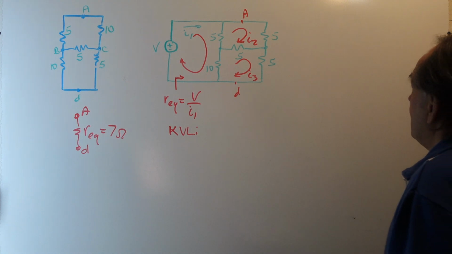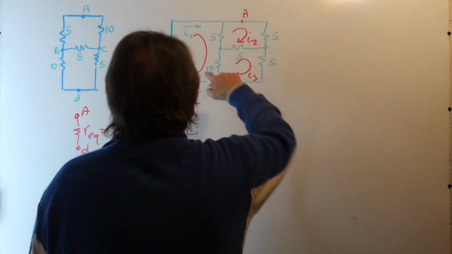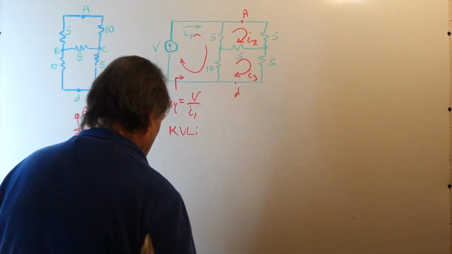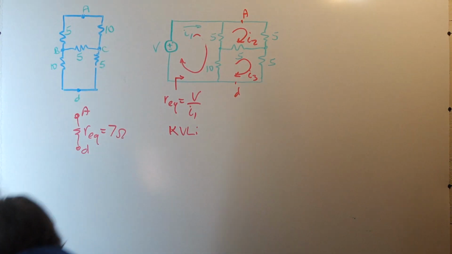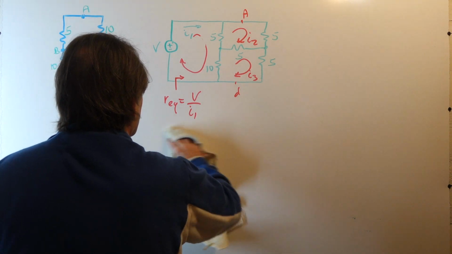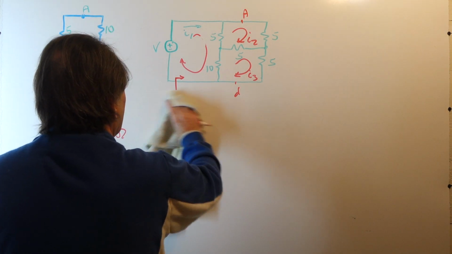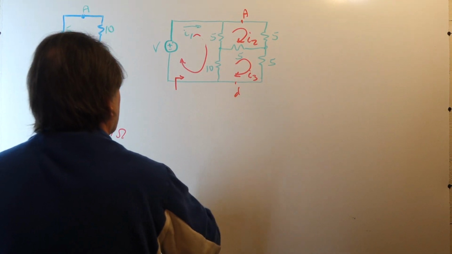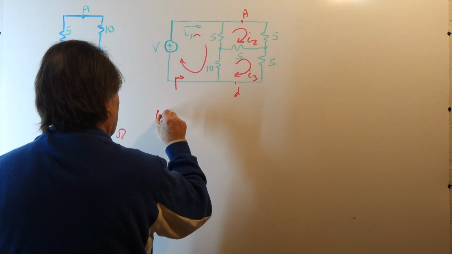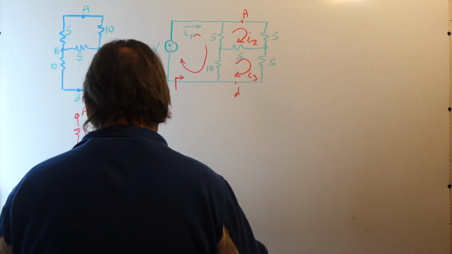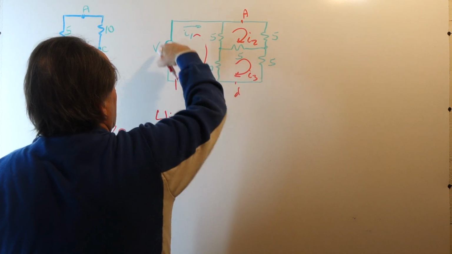Now, loop 1. The first loop here, I'll designate it this way, loop 1. We're going to write Kirchhoff's voltage law around here.